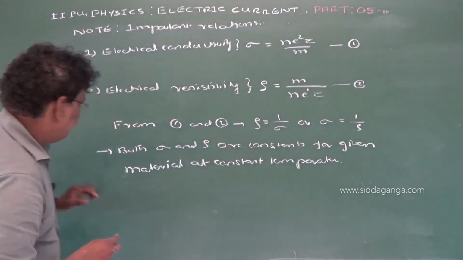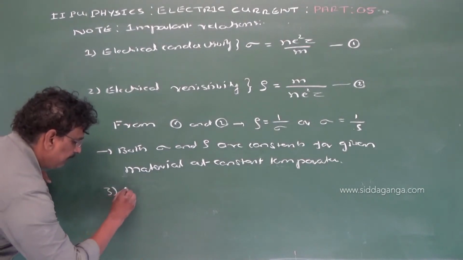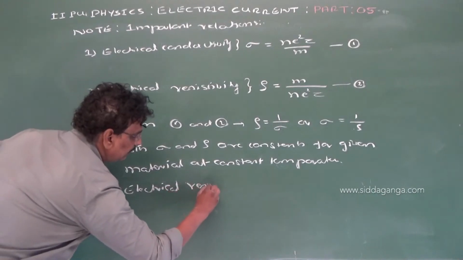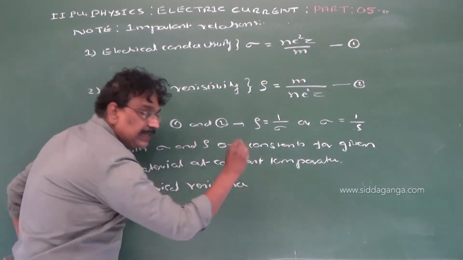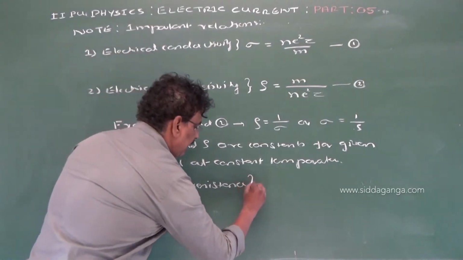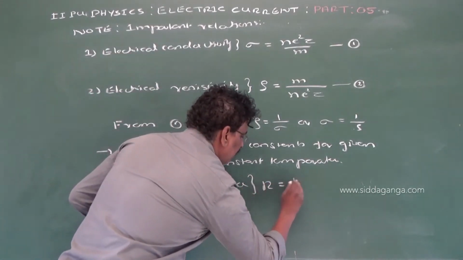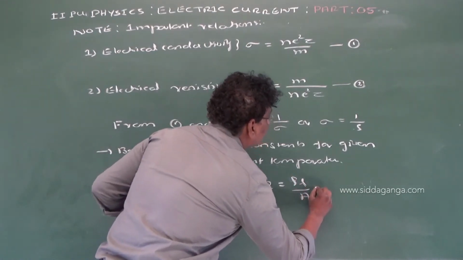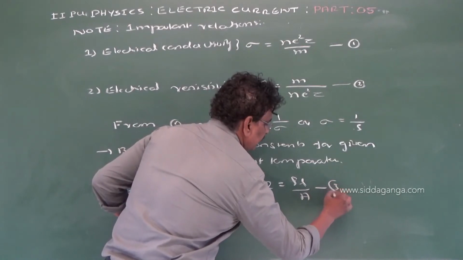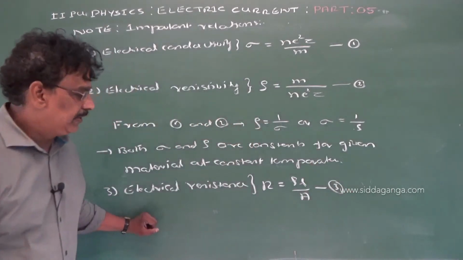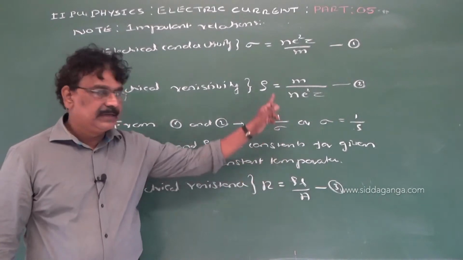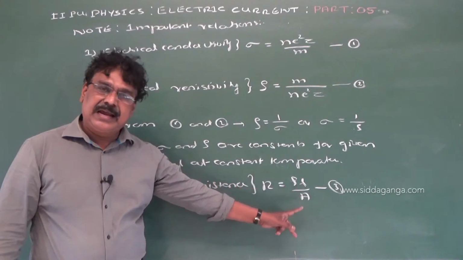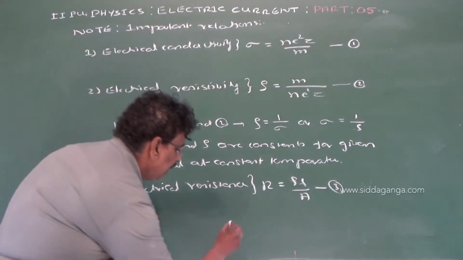Now the third one, we have electrical resistance. R is equal to rho into L by A. Take it as equation 3, where rho is resistivity, L is length, and A is area of cross section.